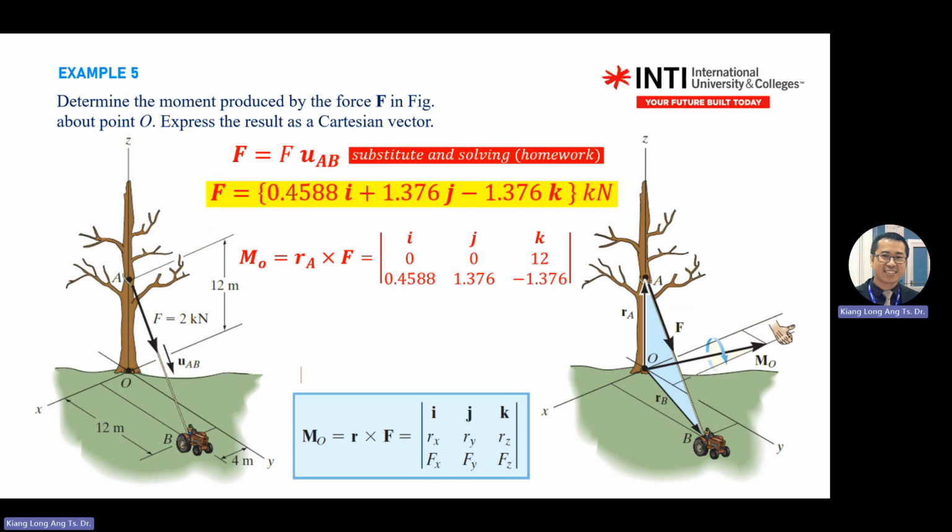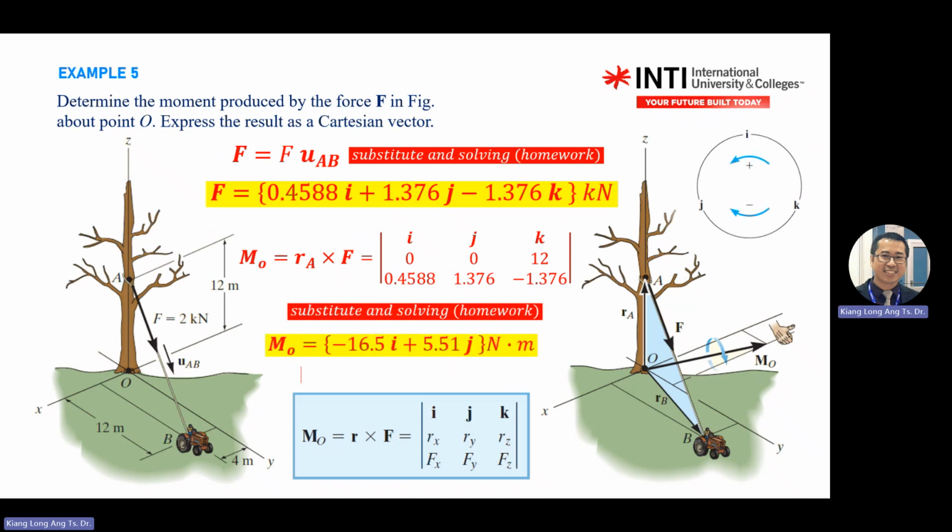So you get 0, 0, 12 for the R. Then the rest you copy from your calculation. If you have decimal places, minimum 3 decimal places for accuracy. Then the rest you just play around with the matrix, with the determinant. Okay, substitute, at the end you get one answer.